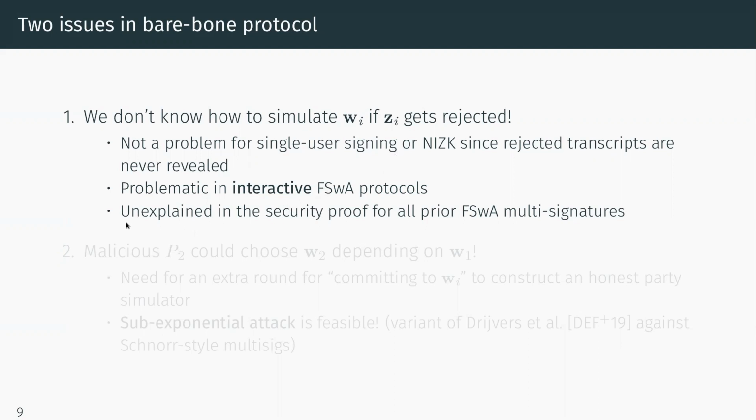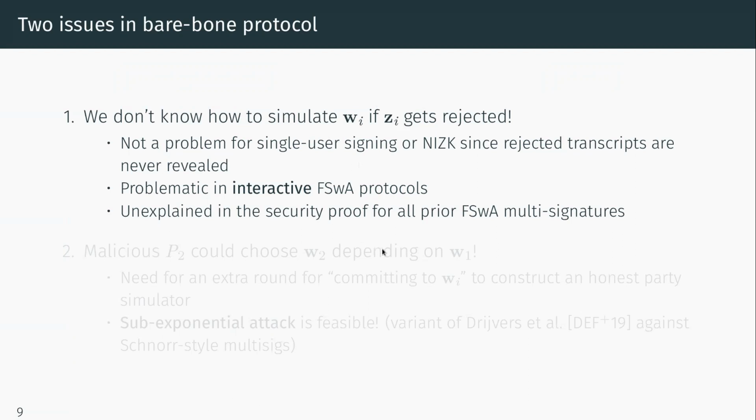However, in the previous similar Fiat-Shamir with aborts based multi-signatures, they didn't use any commitment or anything. They just sent W in the clear in the first phase, and whether the party aborts or not, this W is known.